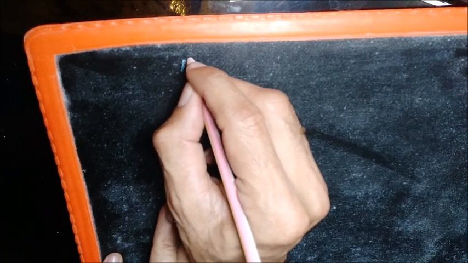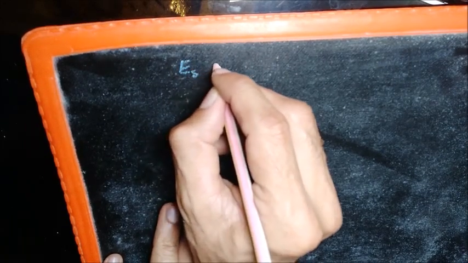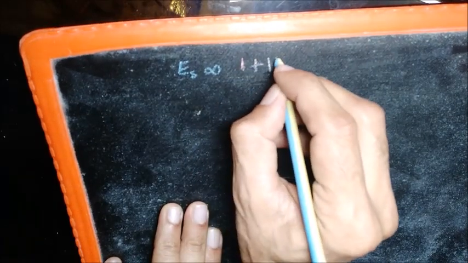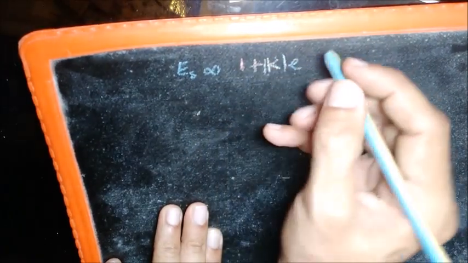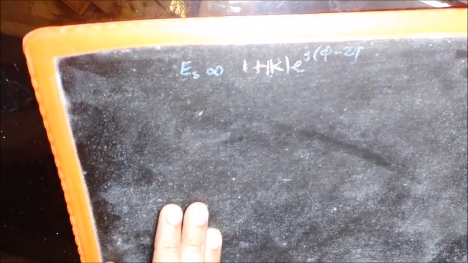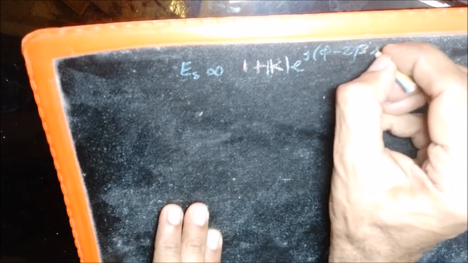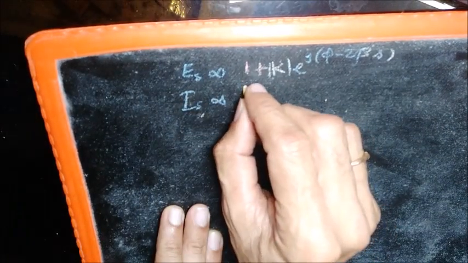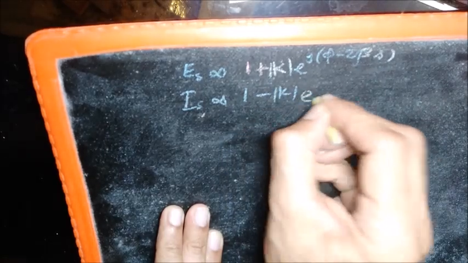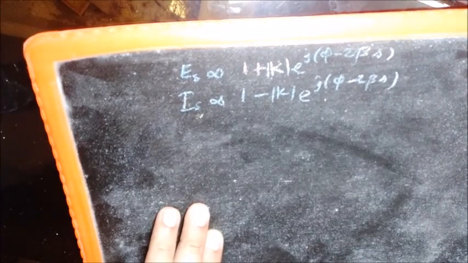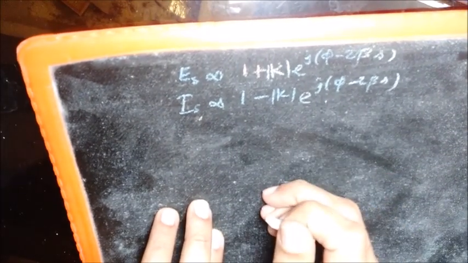The voltage will be proportional to 1 plus magnitude K e raised to j (phi minus 2 beta s), and the current is proportional to 1 minus magnitude K e raised to j (phi minus 2 beta s). So this is what we plot.